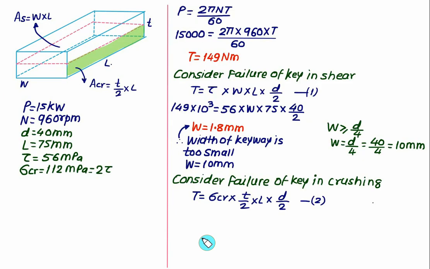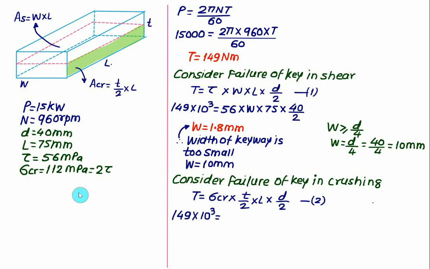Now consider the failure of a key in crushing. The same torque transmitted we equate with sigma crushing, which is given as 112, multiplied by T by 2 multiplied by L, which is the crushing area, multiplied by D by 2. So torque is the same, equal to 149 Newton meter, and you have to take it in mm, so it is 149 into 10 to the power 3.